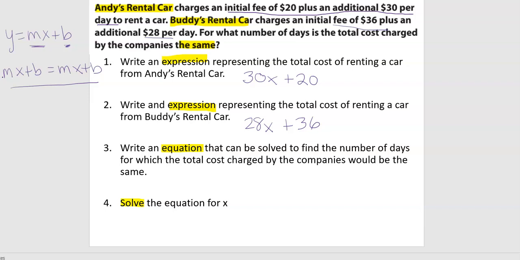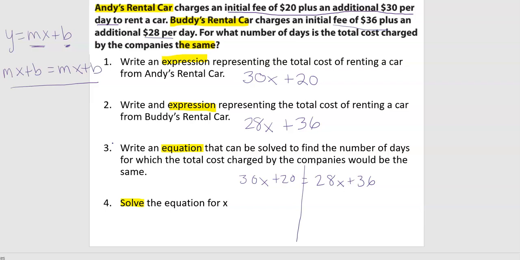So this expression represents the price for Andy's rental car, and this expression represents the price for Buddy's. What we're now going to do is set them equal to each other so that we can have an equation. So I'm going to do 30x plus 20 equals 28x plus 36.